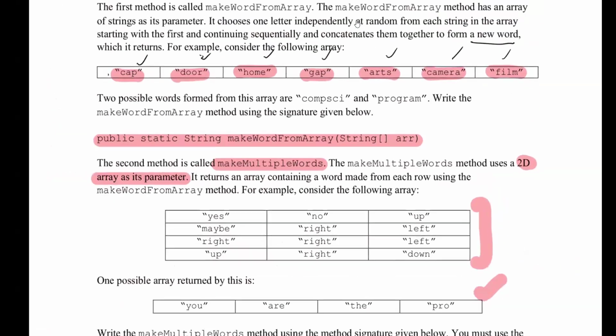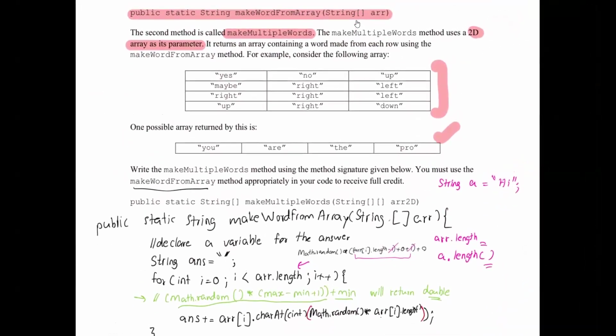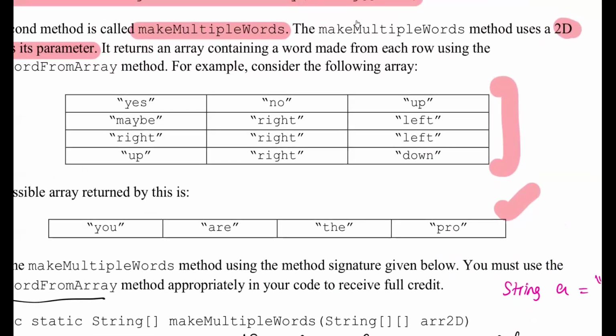So the first method that we wrote is, if there's an array, we can return a word found by random characters. You can say a 2D array is an array of arrays. So this is one array, and this is another array, and this is another array, and this is another array.